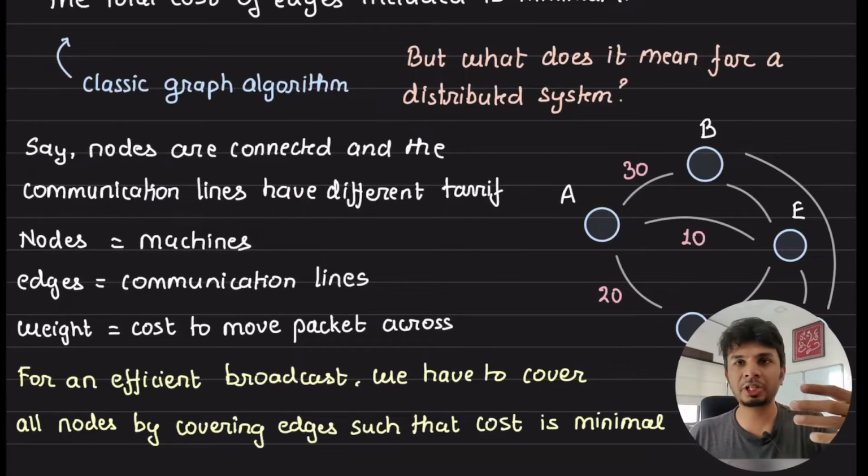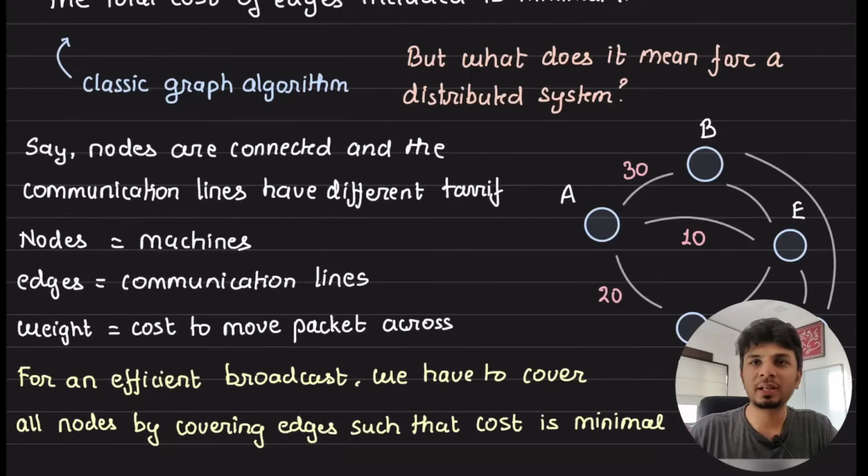For example, one communication line is from one provider, another communication line is from another provider. Now, if you want to send a message to all the nodes of a network, what would happen? Because the tariffs are different across different communication lines, when you are broadcasting a message, you have to minimize the cost of moving a packet, or the cost of doing a broadcast. You have to do it in the most efficient way.